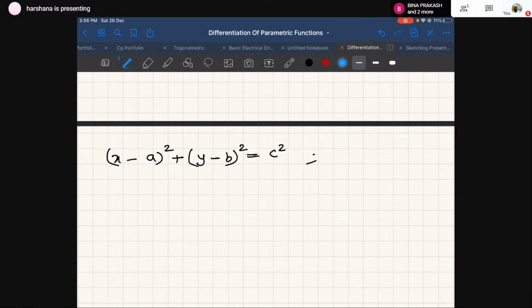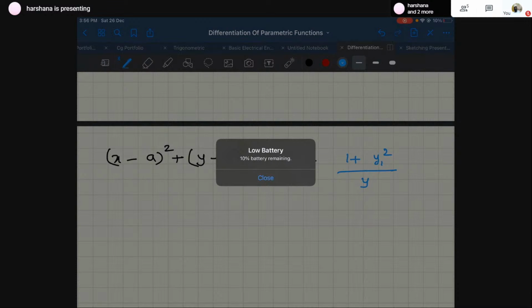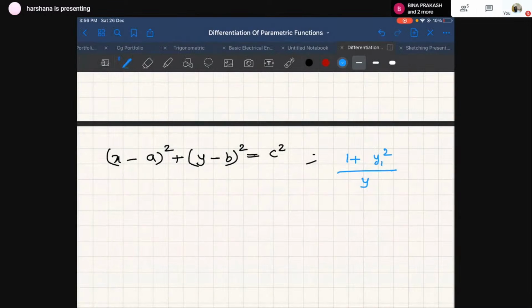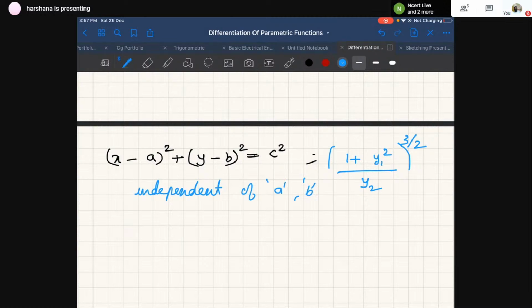You have to show that 1 plus dy on dx, that is the first derivative, square, upon the second derivative, y2, raised to the index 3 by 2, is independent of a. How to take this?